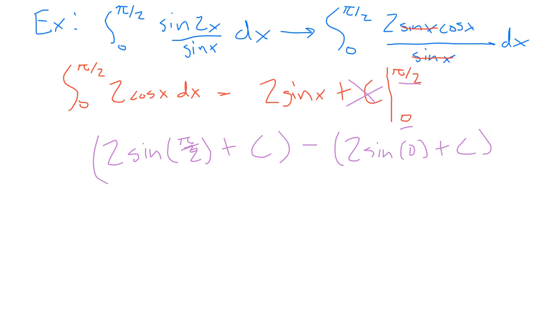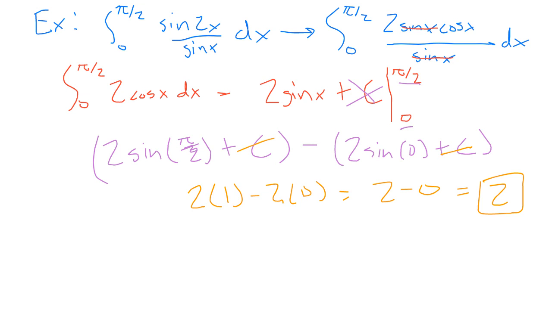If we look at this, we can see that those c's are going to cancel out, which is why we say we don't really bother with it. And now if we put it in, we're going to get 2 times 1, since that's sine of pi over 2, and then 2 times sine of 0, which is 0. So that's 2 minus 0, which equals 2.